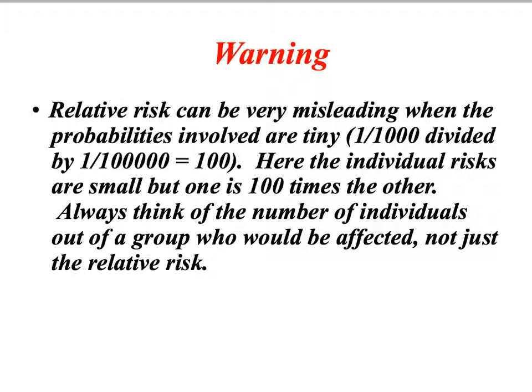It may only be 1 in 100,000 people compared with 1 in 1,000 people. So it seems like you're certainly going to get cancer if it's 100 times more relative risk. But in fact, the cancer itself may have a very small risk. So always think of the number of individuals out of the group who would be affected, not just the relative risk.